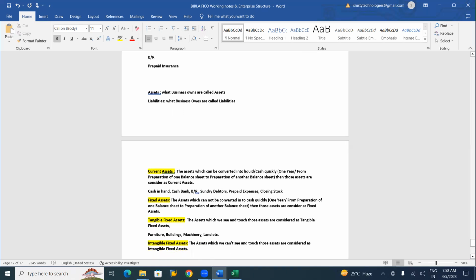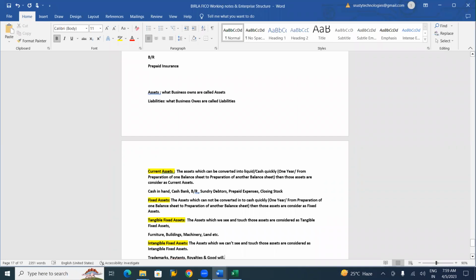For example, trademarks, patents, royalties, and last but not least, goodwill.